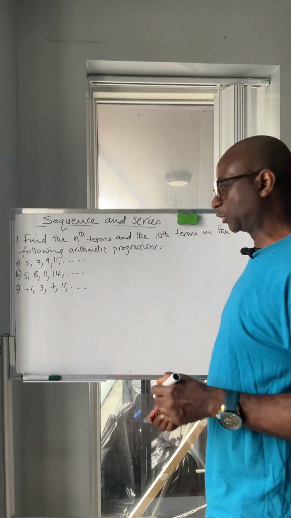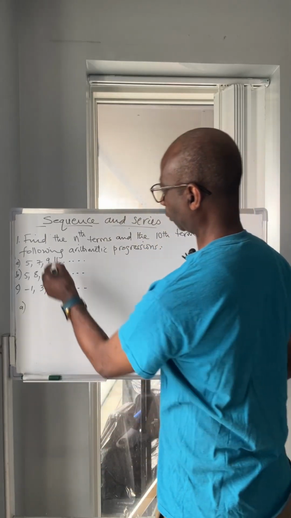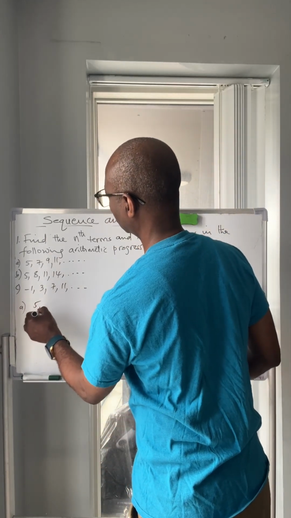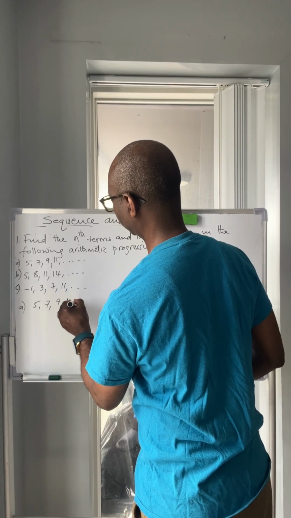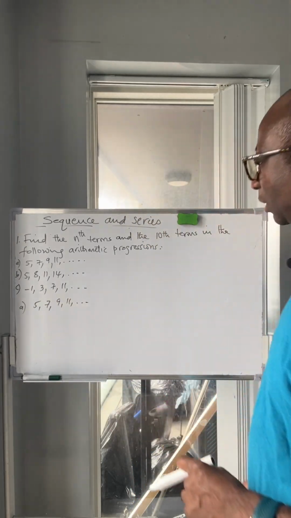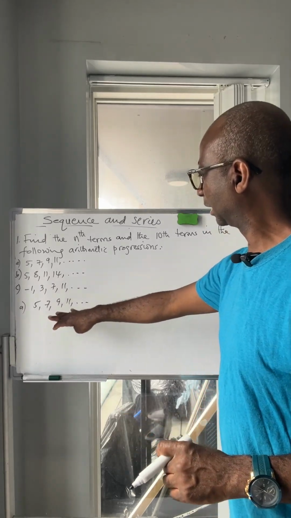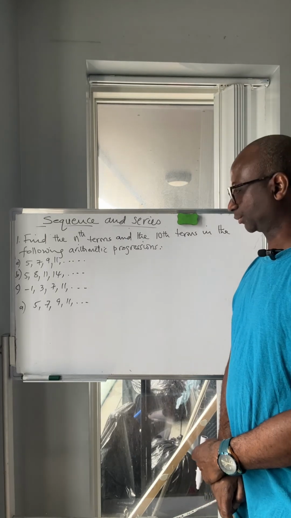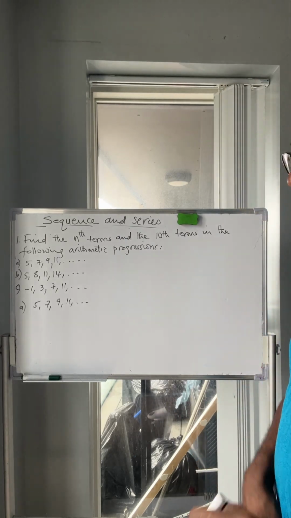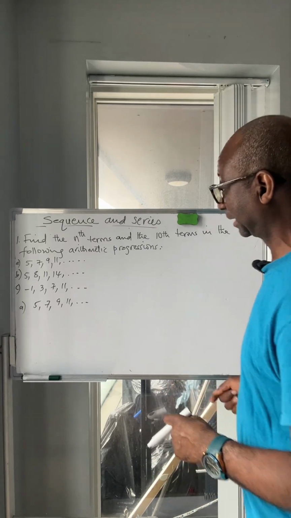So let's start with the first one. We are given the sequence 5, 7, 9 and 11. What is the difference between two consecutive numbers here? That is where we start.